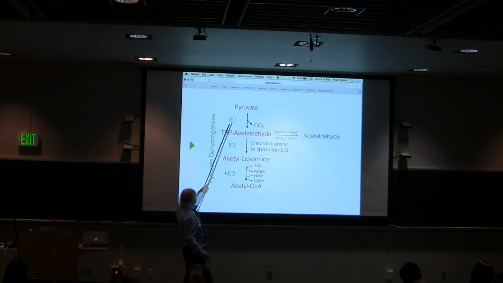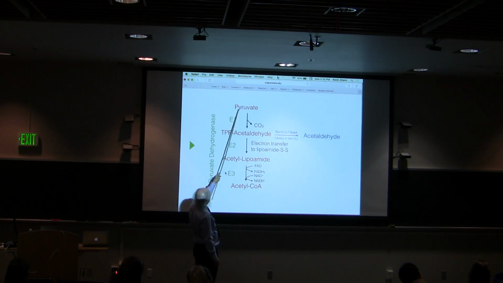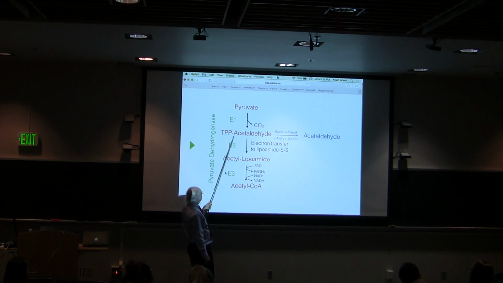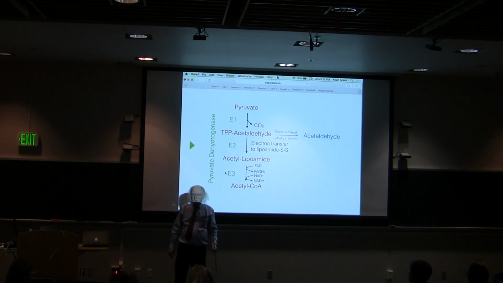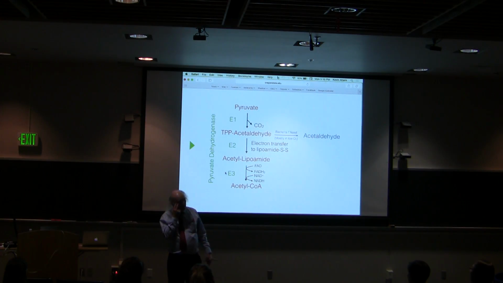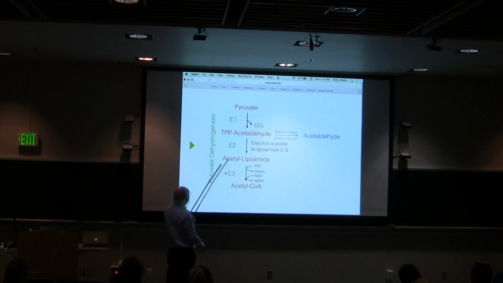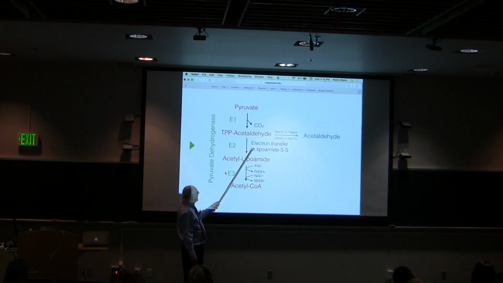Decarboxylation is the first step. You'll notice that the decarboxylation occurs before the oxidation occurs. So the decarboxylation is a non-oxidative decarboxylation. The product of that decarboxylation is a molecule of acetaldehyde that's bound to thiamine pyrophosphate. And I said that was one of the reasons we needed to have thiamine in our diet, because this pyrophosphate form binds to acetaldehyde.